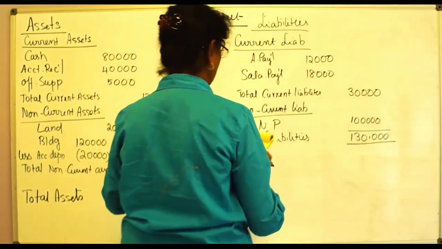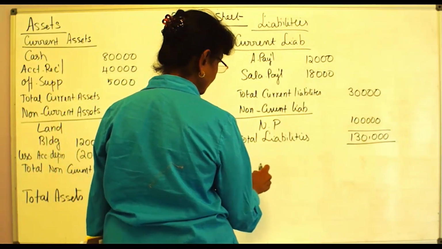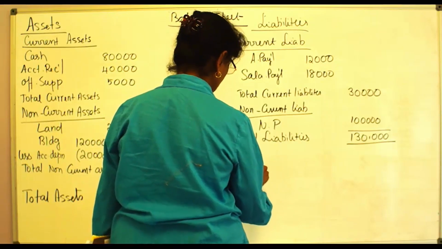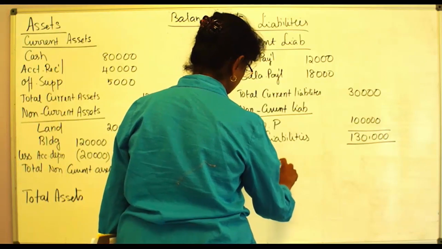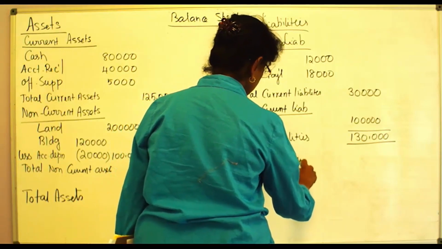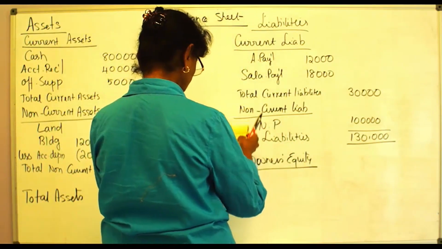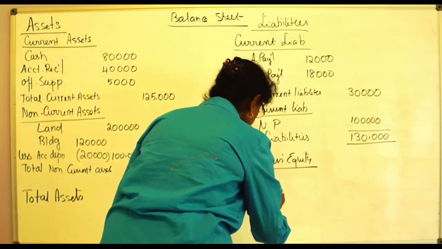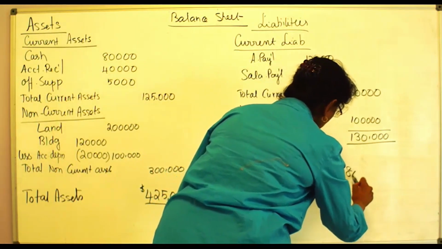Now you go to your shareholders' equity or owners' equity. So first you have your common stock, 80,000.